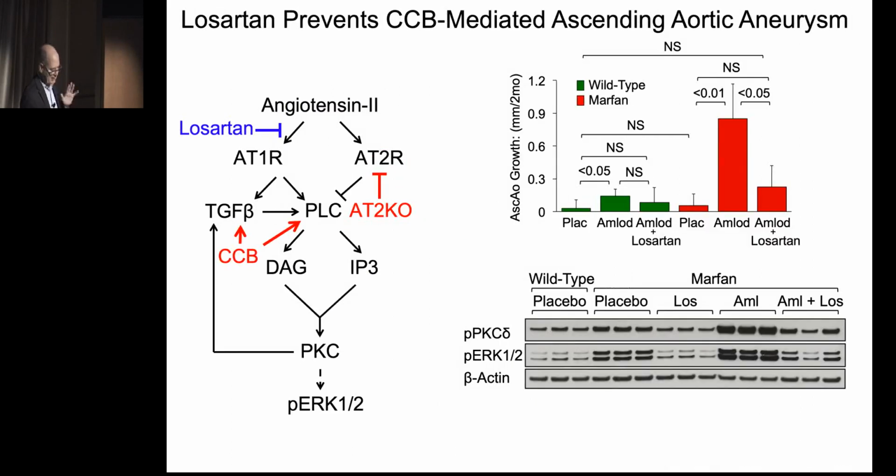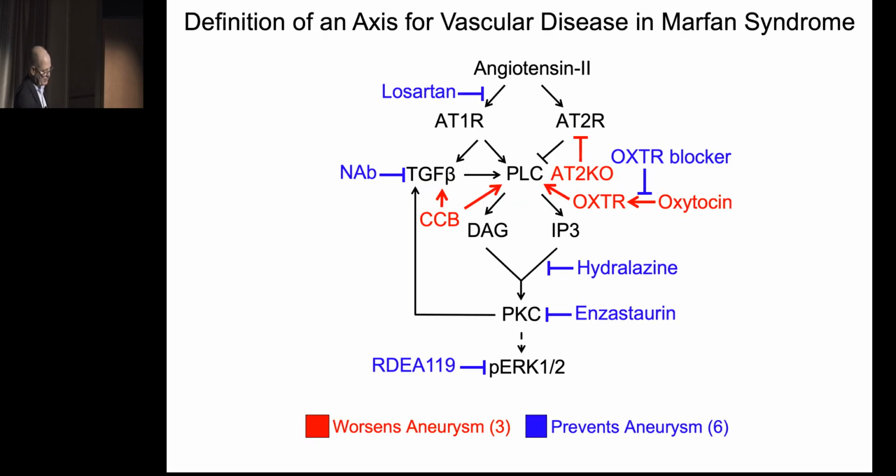So we now have a mature pathogenic sequence for aneurysm in this Marfan mouse model. The reason why losartan works seems obvious because it's working up high in this cascade. Indeed, losartan is able to prevent the calcium channel blocker mediated aggravation of the phenotype and also blunts both PKC and ERK activation.